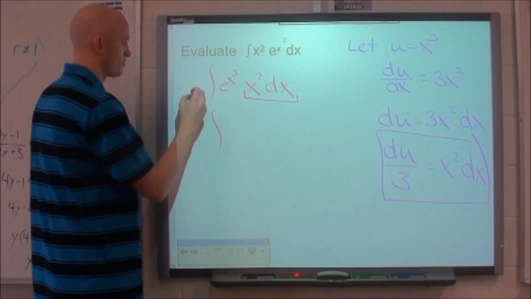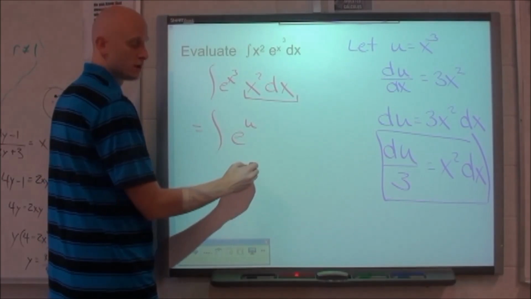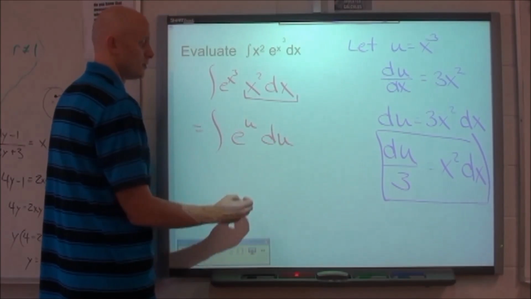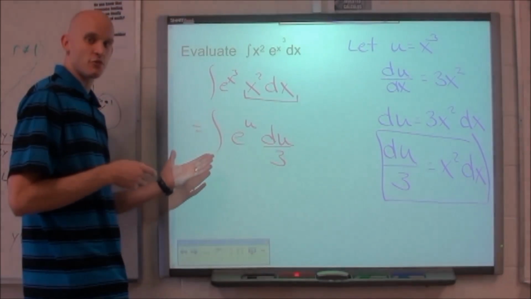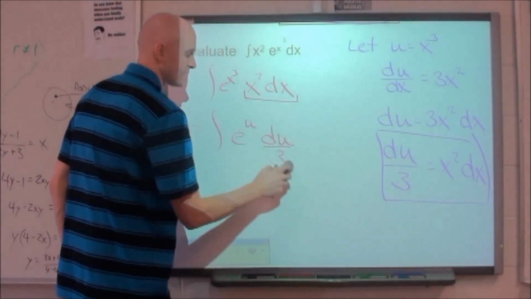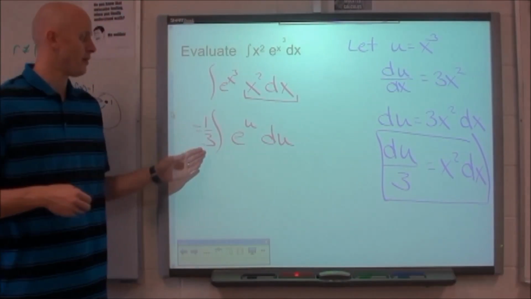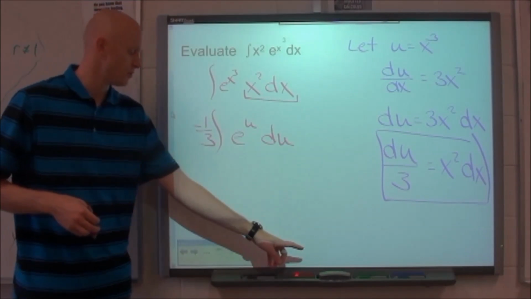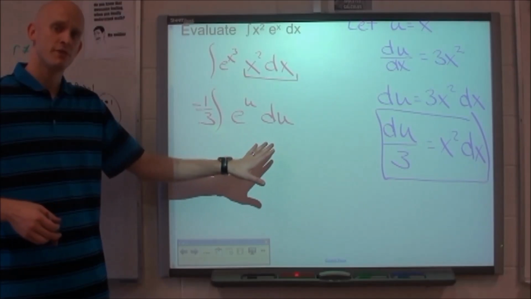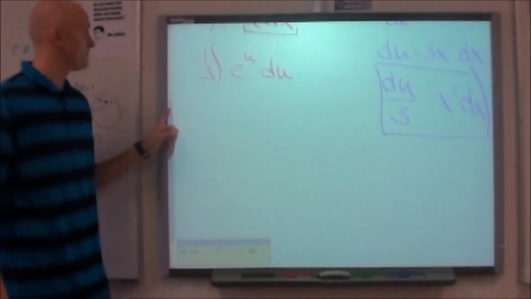So we know the antiderivative then would be e to the u du over 3, or taking that constant 1/3 out of the antiderivative, as we know that we can, it is 1/3 antiderivative of e to the u du. Now that we have it in terms of u, you can go ahead and use your antiderivatives.